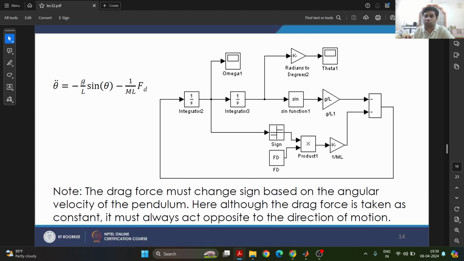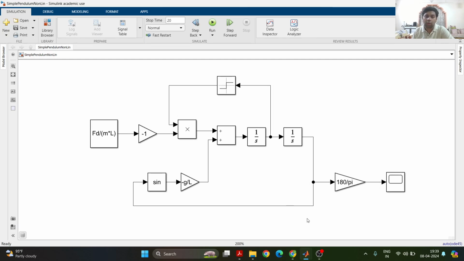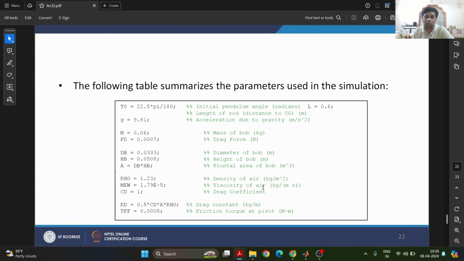Actually, at the end of the presentation, the professor has given some values. Maybe we can try with that. Okay, the parameter values. Yes, he has given some. It should be very, very small.